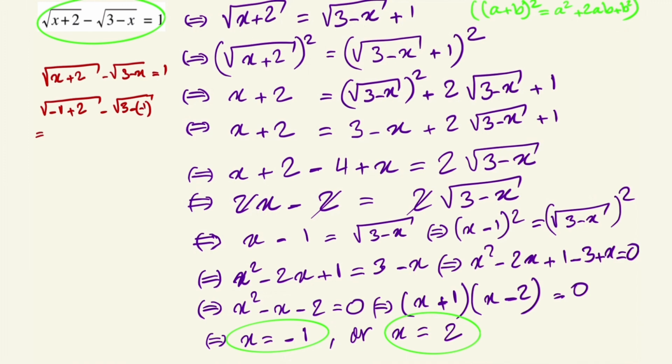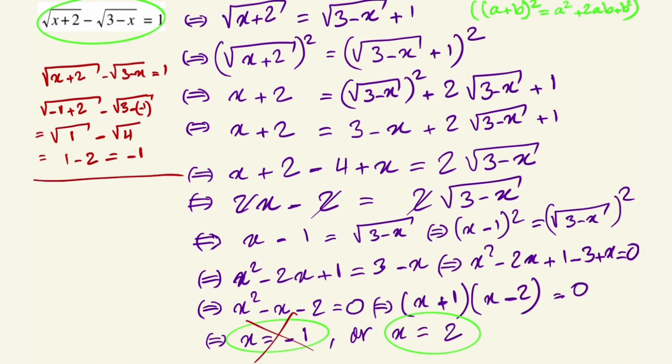It's going to be the square root of 1 minus the square root of 4, which is 1 minus 2, equal to negative 1. We see this one here is not a solution.